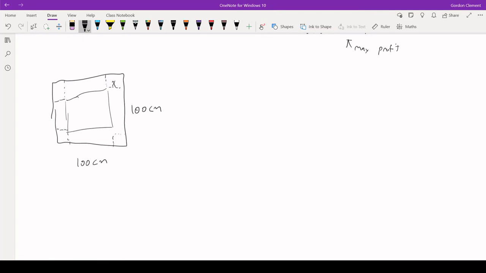So we're going to call the amount we cut x, and then we think about these sides would be 100 minus 2x, these pieces of the box. Same with that and that, because we're cutting 2 x's out of 100. And then the height of the box would just be x when you fold up those tabs.